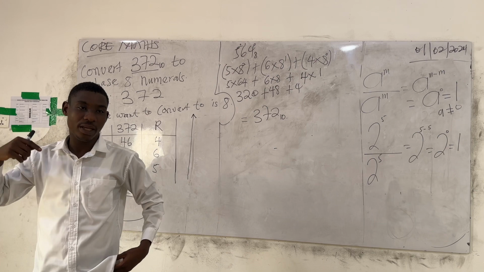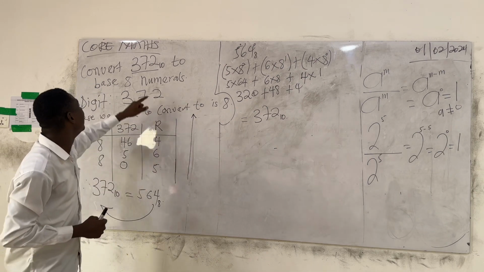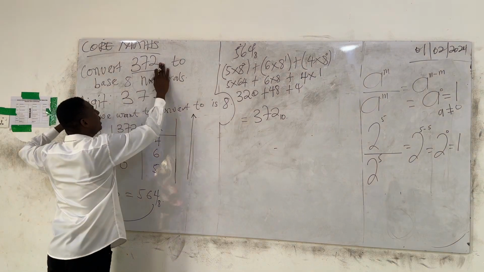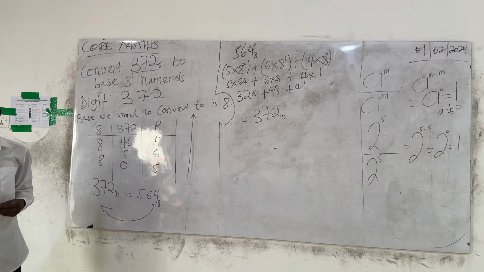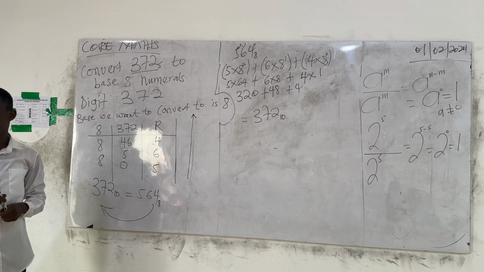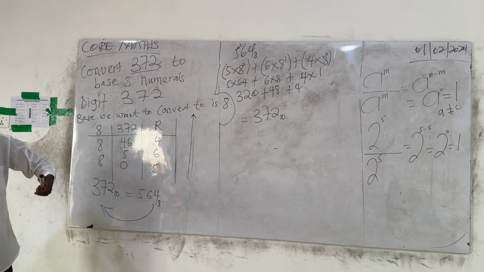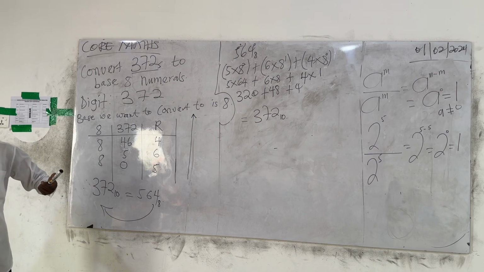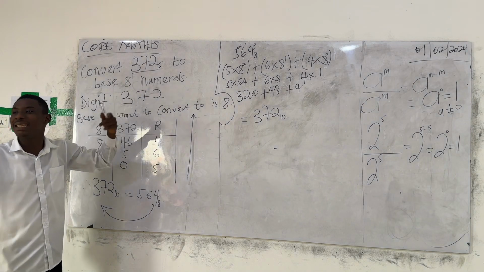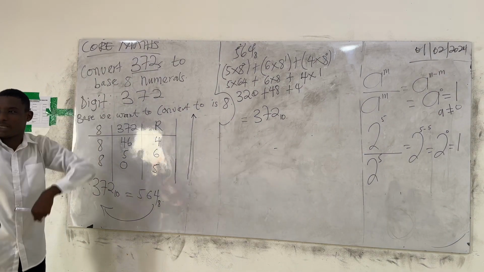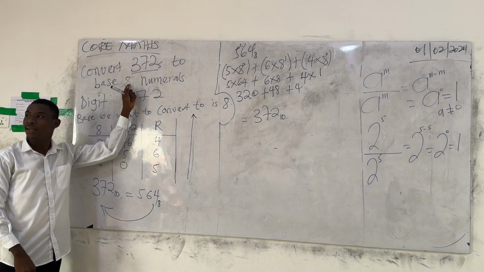What I have done today, I'm going to combine them. What if the digit here is not in base 10, but rather in base 5? What do we do? We have to convert this into base 10, and we use the result to convert it into base 8.